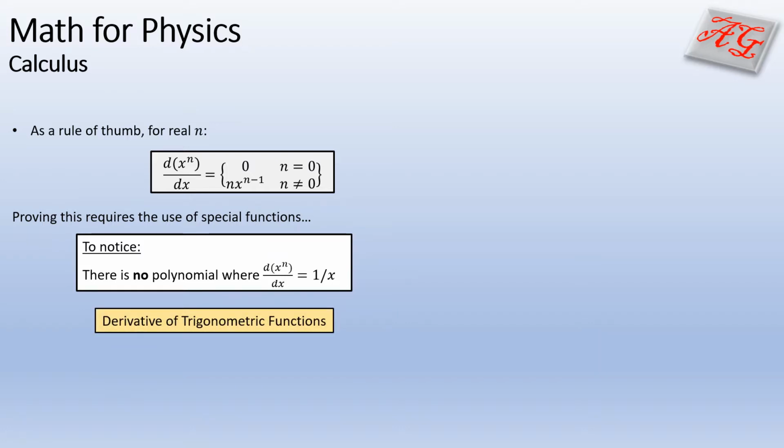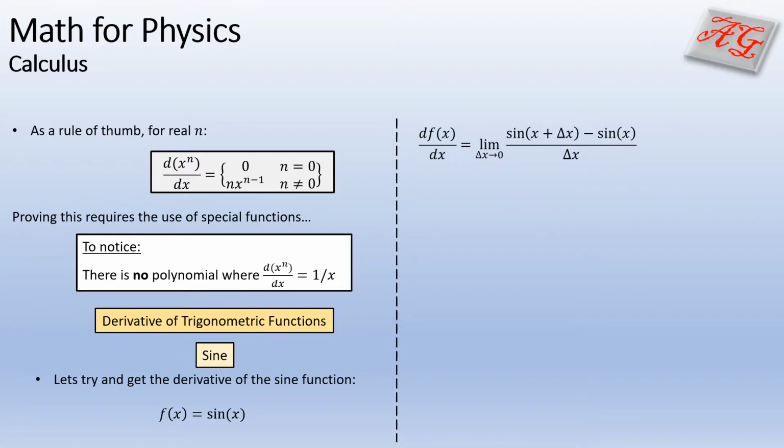Other important derivatives are the ones of trigonometric functions. So let's first look at the derivative of sin of x with respect to x. Again, we start by using the definition of the derivative, that is the limit when delta x tends to 0 of sin of x plus delta x minus sin of x, and all of this divided by delta x. Now this is when the double angle identities become useful, and we can write sine of the sum as the sum of two terms as shown.